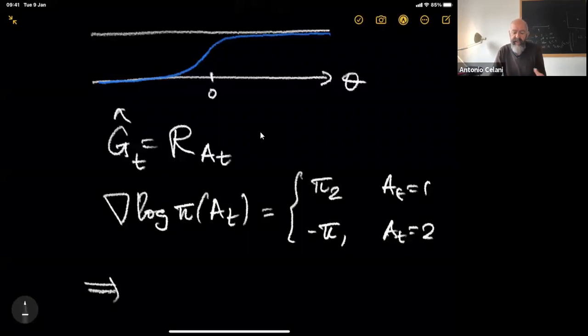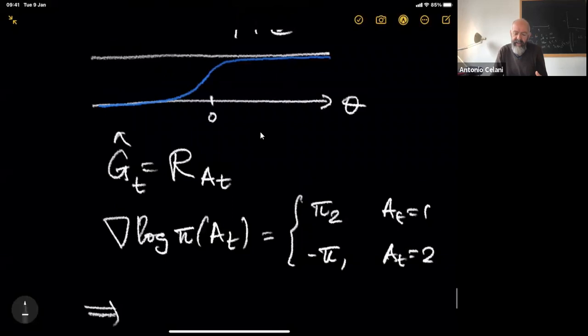So what is happening in this algorithm? Let's have a look. If you pick action, let's say action 1 here, and your reward was large, this will make a large step in the direction of 1.